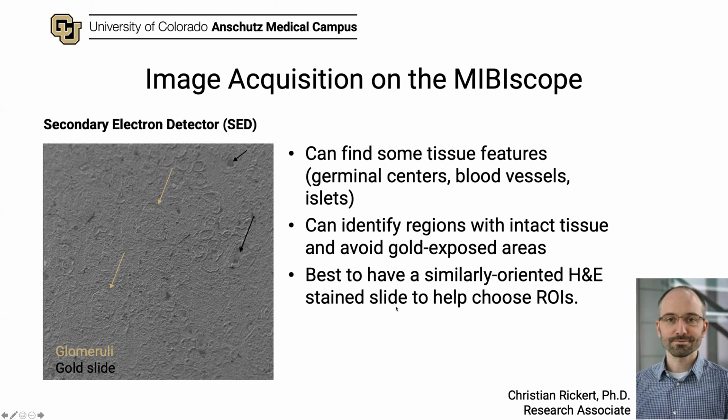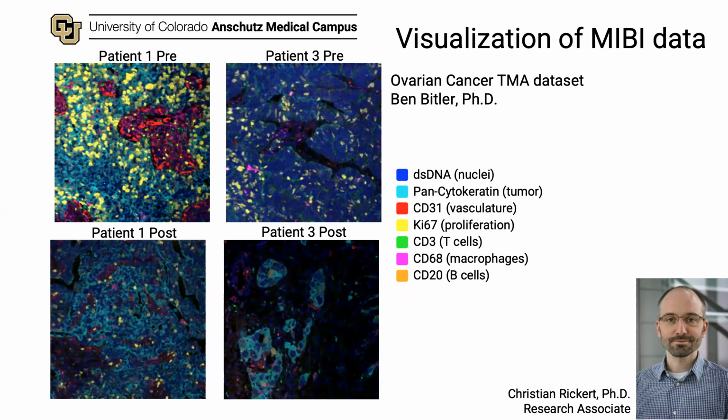And it's really, really helpful if we have a similarly oriented H&E stain slide to help us choose these ROIs. So we can use these features as landmarks to help us know where we are in the tissue and to make sure that we're imaging in the right area. And Chris works directly with investigators to choose ROIs as we're collecting images.